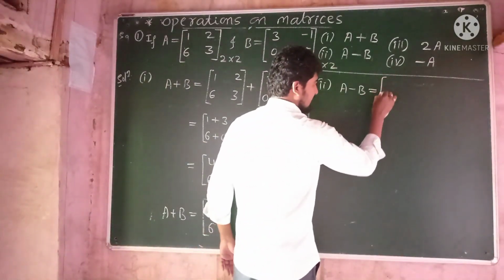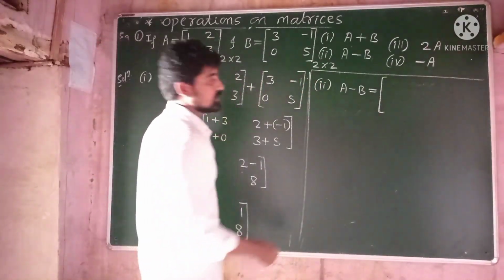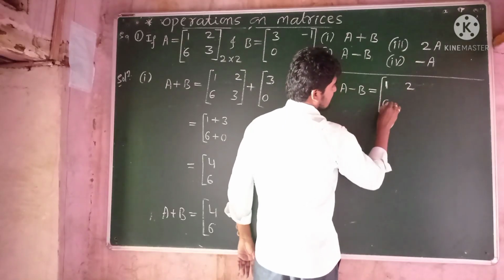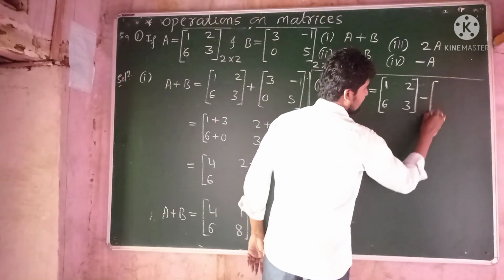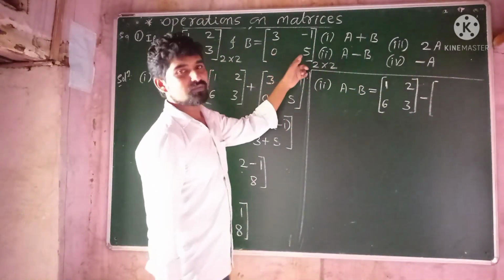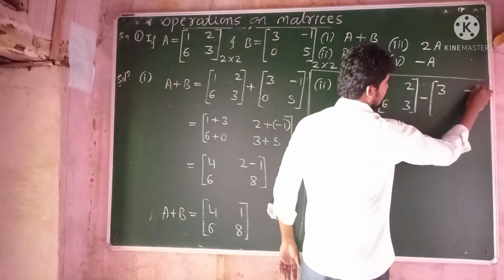So matrix A is given by 1, 2, 6, 3 minus B matrix 3, minus 1, 0, 5.